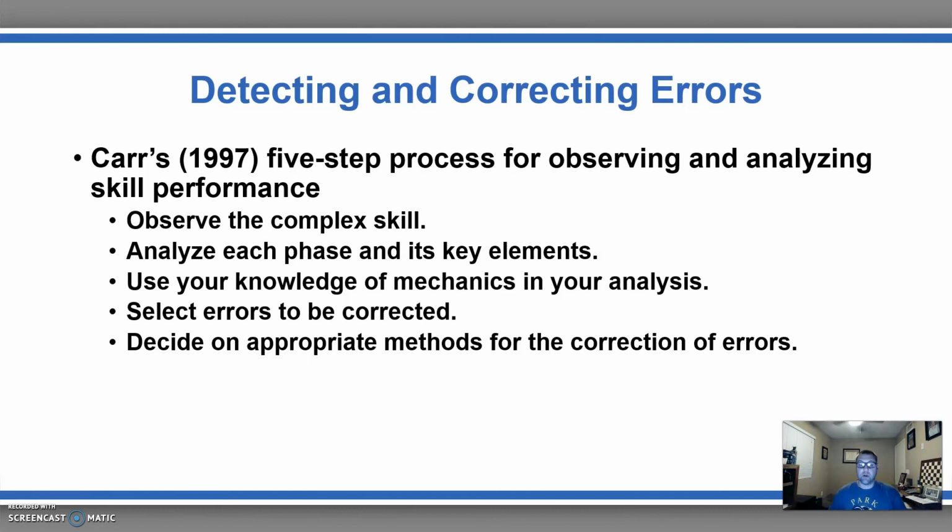All those you're going to be looking at. You're going to pick out the errors and then decide the method to correct it. Now, I don't expect you all to know how to correct all these errors initially, but you should be able to look at someone's mechanics in virtually anything and be able to pick out if something's wrong.